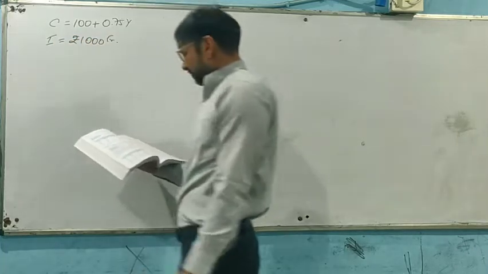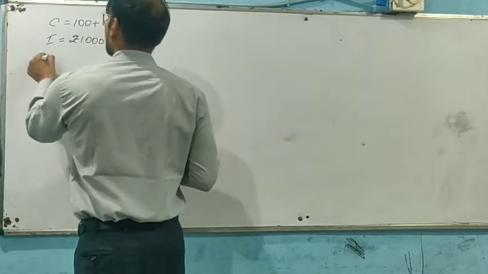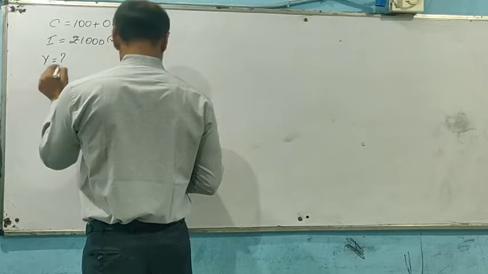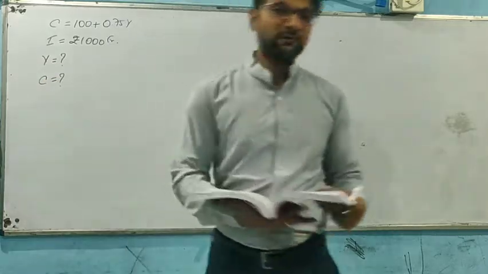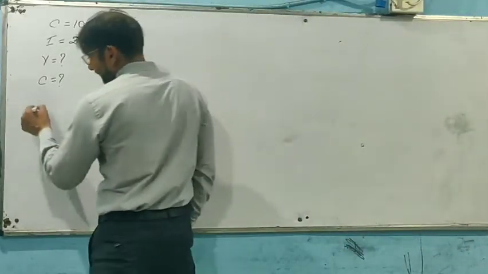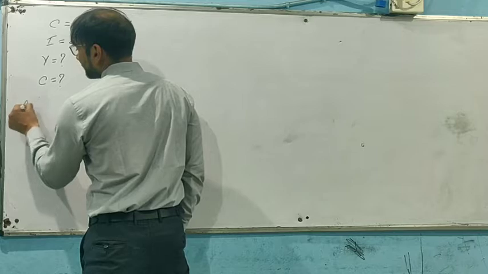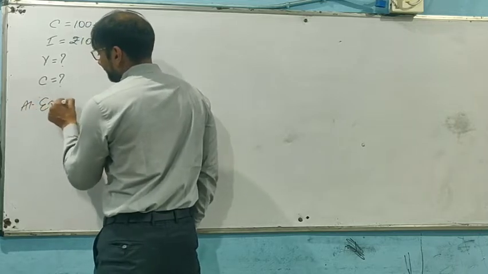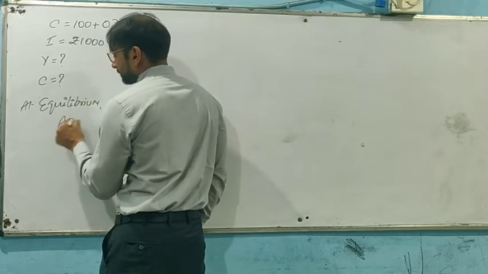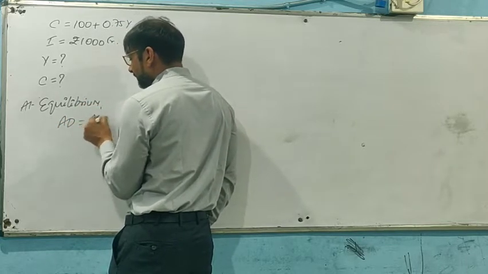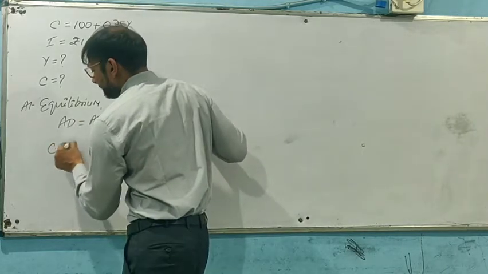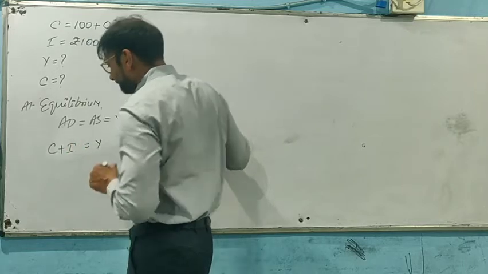Now calculate the equilibrium level of income. It means we need to find out Y, and we need to find out C at the equilibrium level of national income. We know that at equilibrium, AD equals AS equals Y. It means we can say AD is C plus I equals Y. Fine.